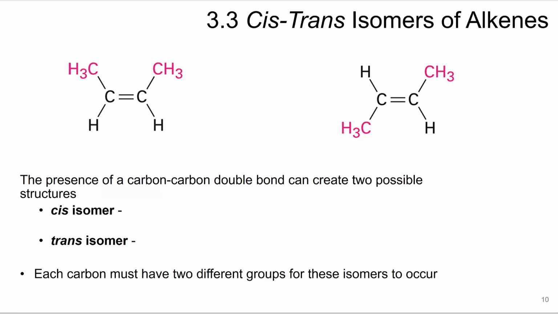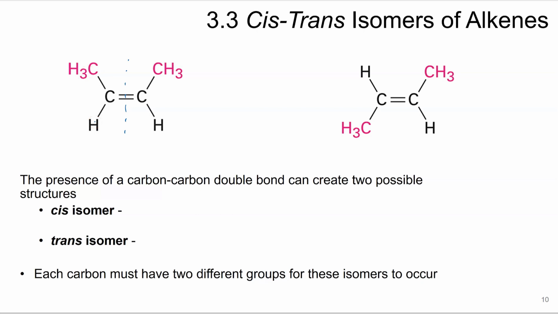So we saw cis-trans isomers in cyclohexanes. Alkenes are going to be the same thing. The presence of a carbon-carbon double bond can create two possible structures. In this structure here, you can imagine looking at the first double bond. So I'm going to slice this in half and then compare the groups in terms of size. Which of these is bigger? Carbon has an atomic number of 6.